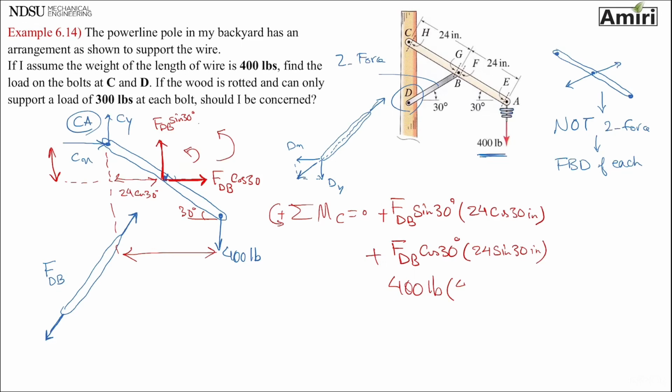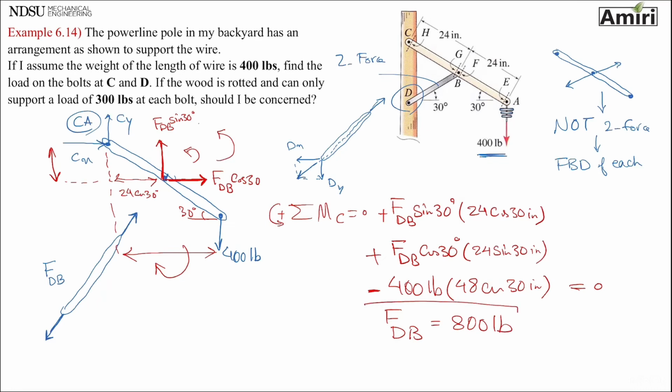That one is 24 plus 24, 48 cosine 30. And that one is trying to rotate this way, so that's negative, equals 0. The only unknown I have is the force F_DB, which is 800 pounds.